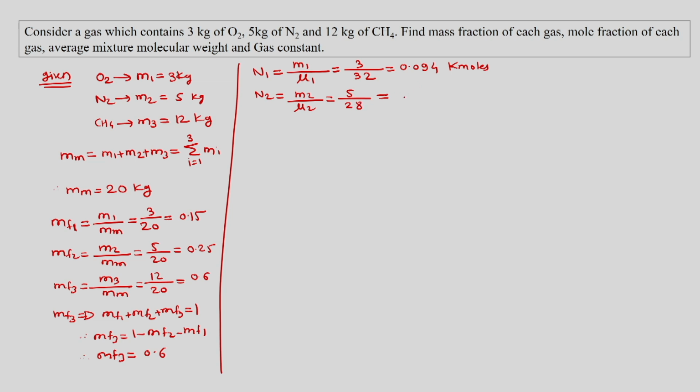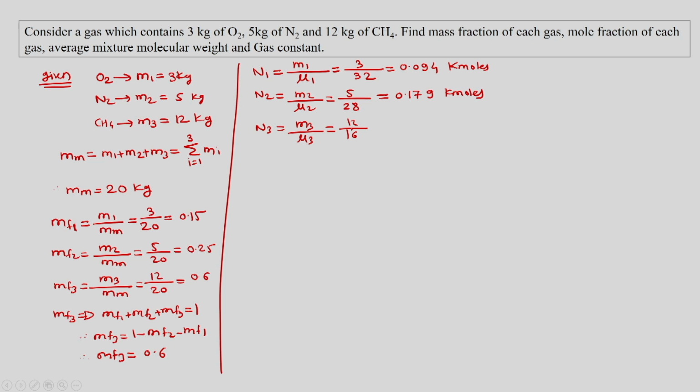So this is 0.179 kilomoles. Similarly, N3 is equal to M3 divided by mu 3, so it is 12 divided by 16.